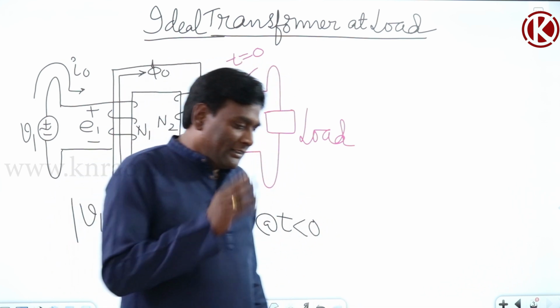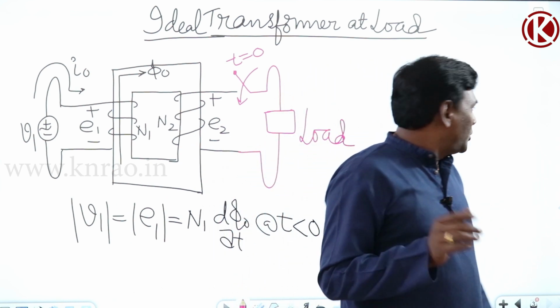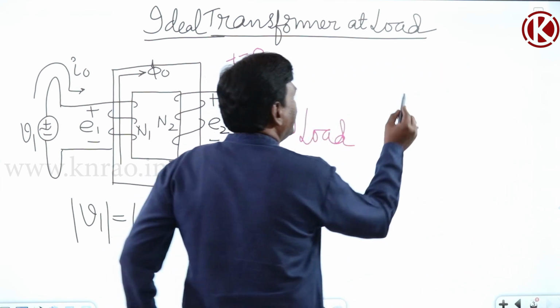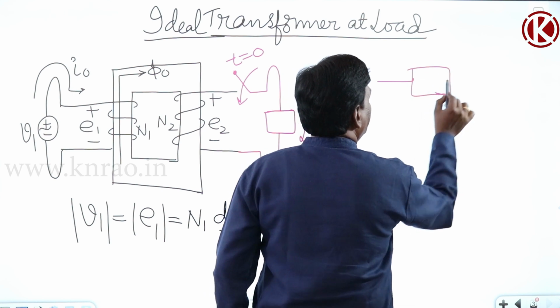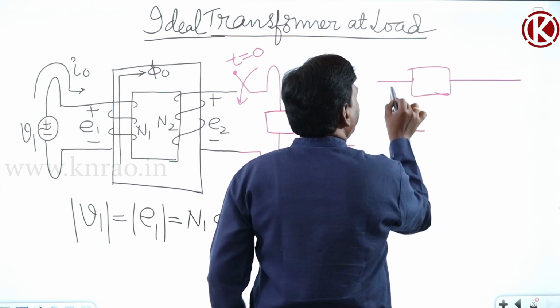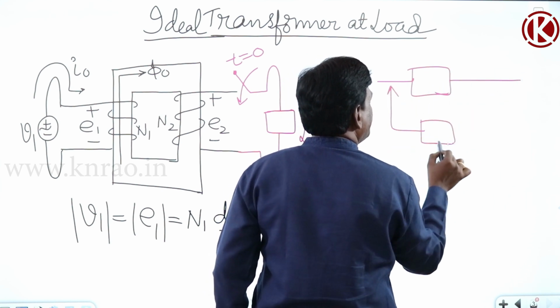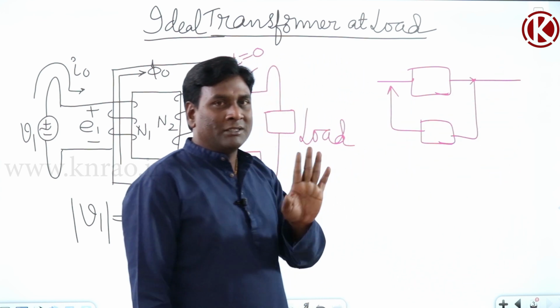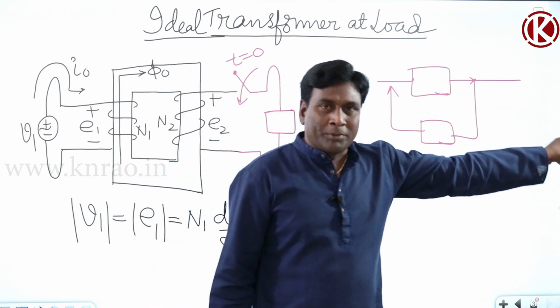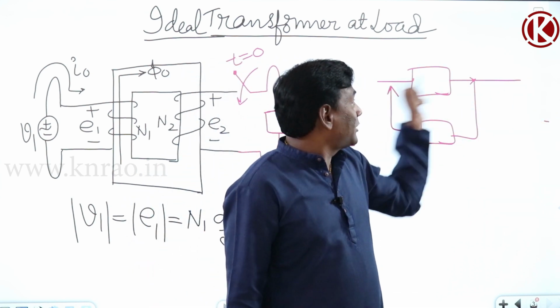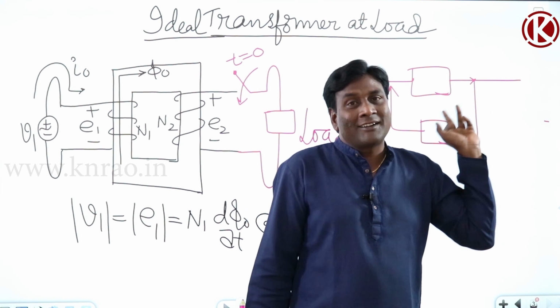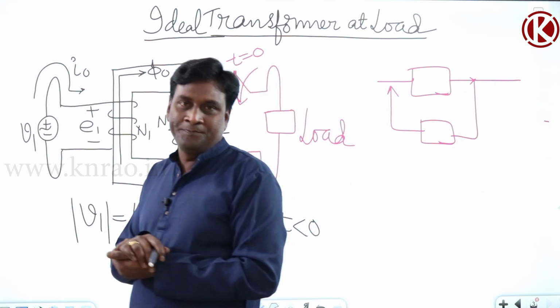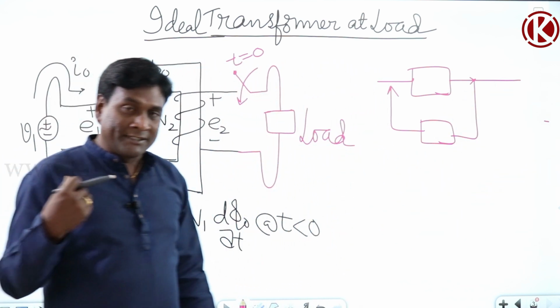Getting my point, right? Similarly, for example, your control system will be there. In your control system, forward path will be there, feedback path will be there. What is the purpose of the forward path and what is the purpose of the feedback path? The purpose of the forward path is to transform the bulk of power, my machine.